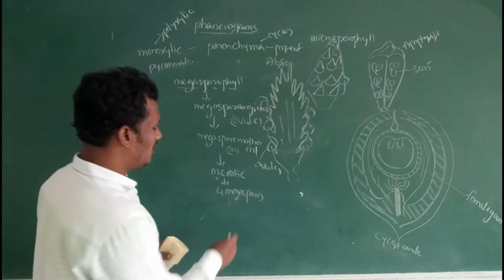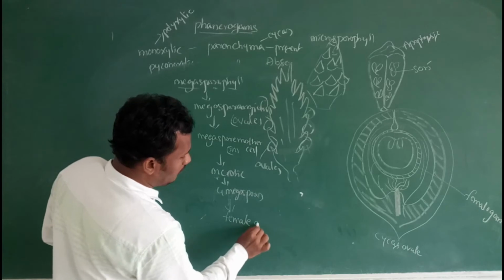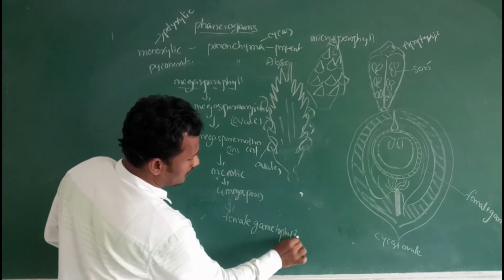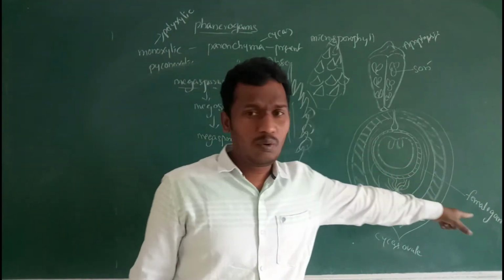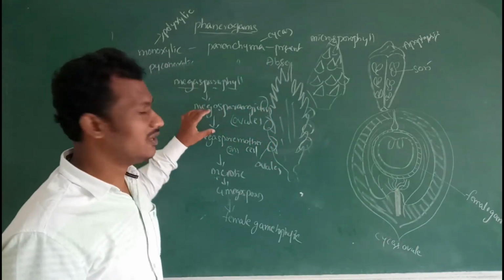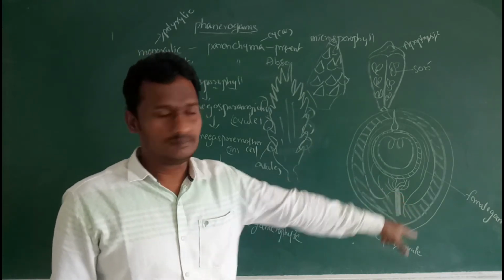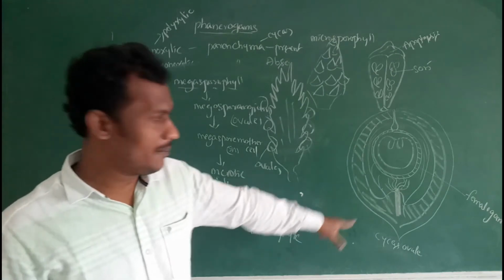This functional megaspore then develops into the female gametophyte. So the megaspore is the first cell of the female gametophyte.